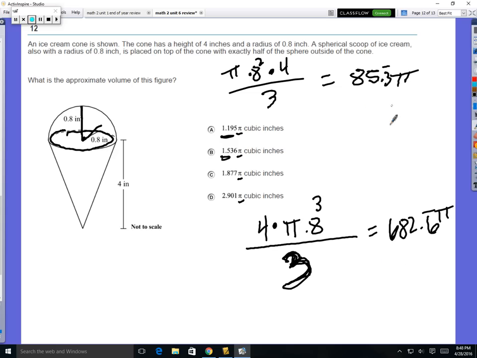So 85.3 add my 682. Oh, I forgot to cut this in half. This is the volume of the whole sphere, but we got to divide that by 2. Oh, it's 0.8 cubed, not 8 cubed. Okay, that was way too much.